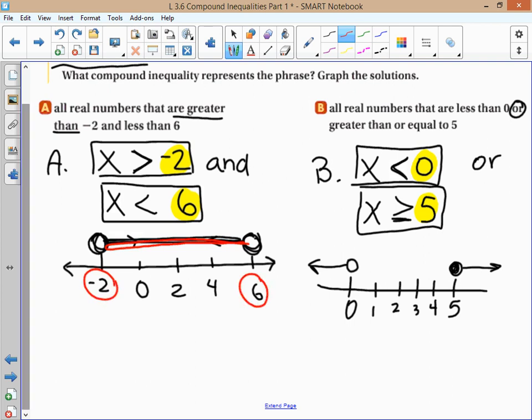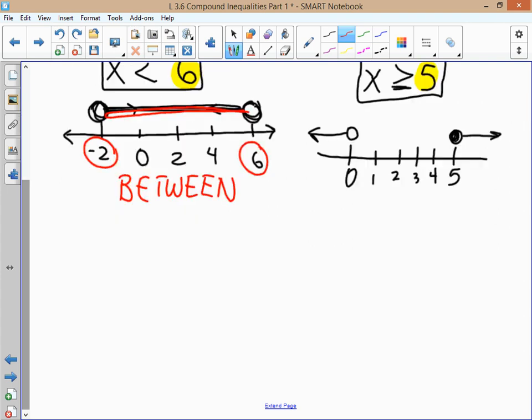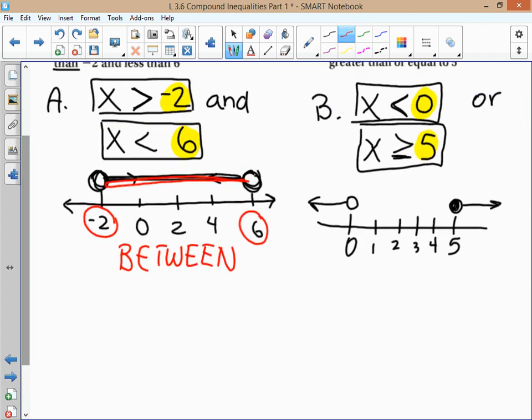So another way to say an and compound inequality is to call it a between, because it's really describing numbers that are between two numbers. And because this is a between compound inequality, another way to write it, other than what I have up here, is to actually physically put the letter X between -2 and +6.